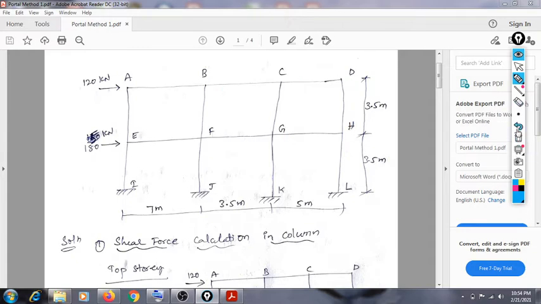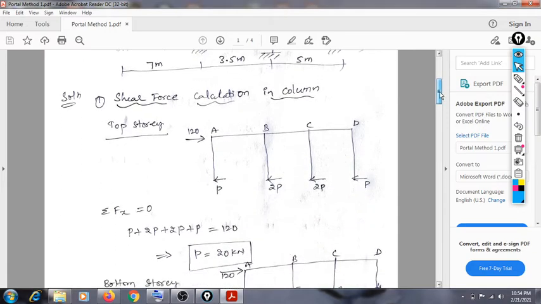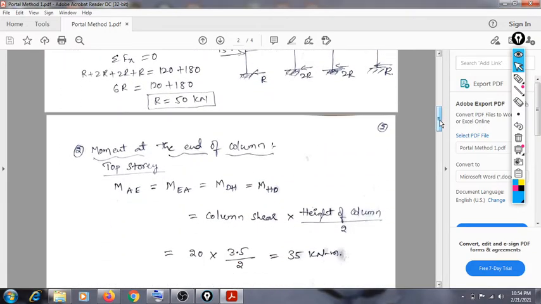So for that you have to find the moments, and the moments will be the same. MAE is equal to MEA. The column's moment MAE will be equal to MEA. This is as usual. And at the other end, MDH is equal to MHD.